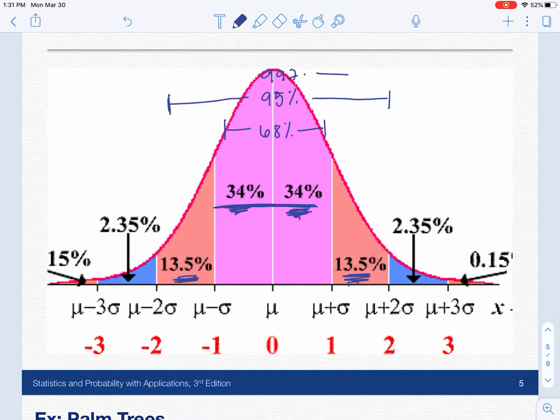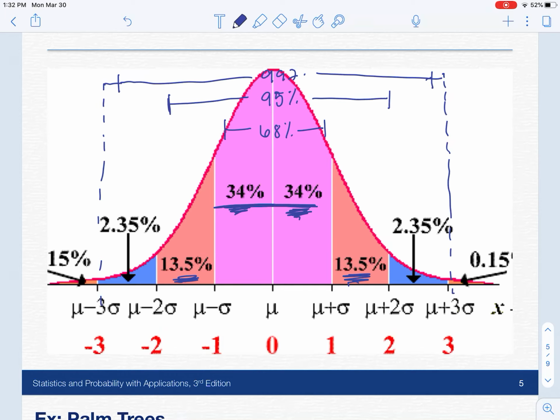99.7%, that's almost everybody. It's 3 standard deviations from the mean. This one goes a little longer. So that's all the way down here, 1, 2, 3, all the way out there. 99.7%.